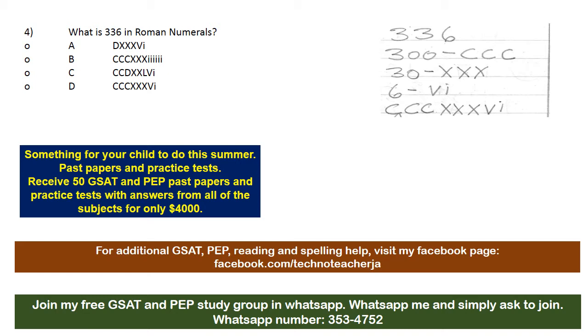Do we have a letter for 1000? Yes, we already do. We have M. So you don't write VV, you don't write LL, you don't write DD. Those would be incorrect.